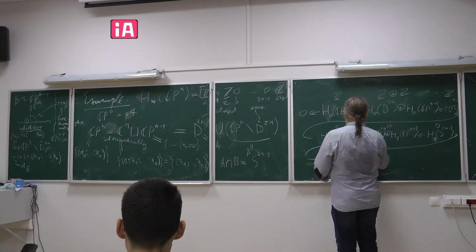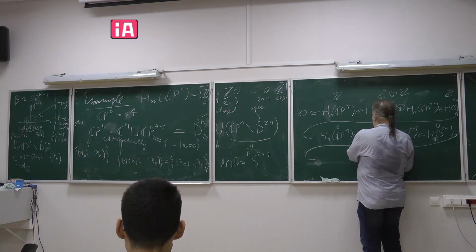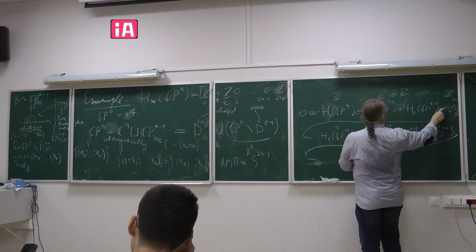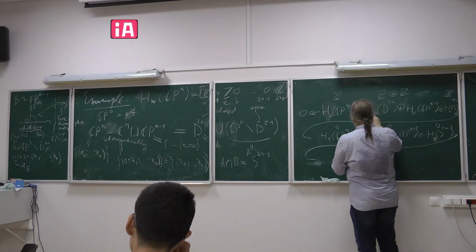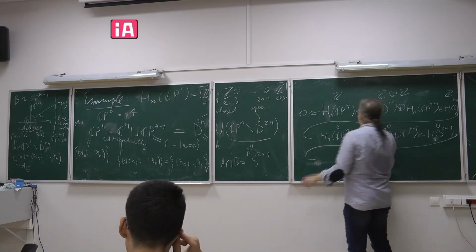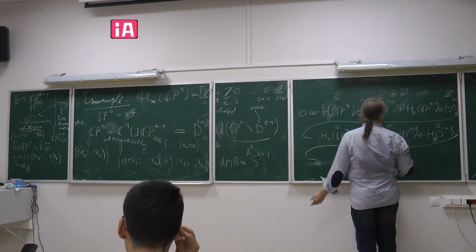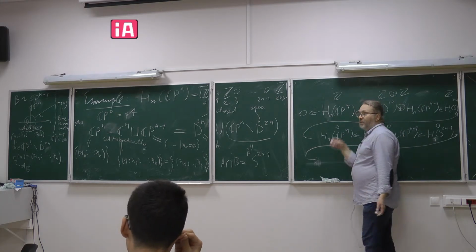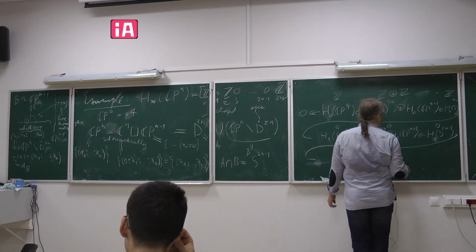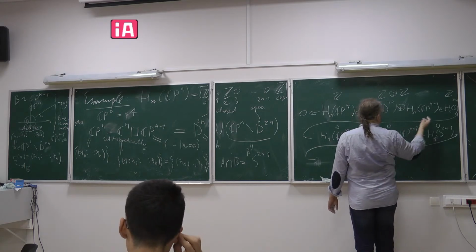Why is it 0? Because we have a 0 on the one side, namely here, H1 plus H1, and we also have this arrow, which is 0. Why is it 0? Well, it is 0 because this map from Z to Z plus Z is injective. Why is it injective?